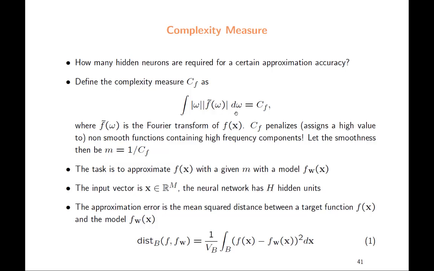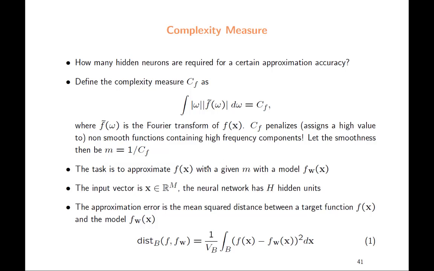Essentially, look at the high frequency components, integrate them, and you put even more emphasis on the high frequencies. So C_f tells you something about how smooth the function is. If C_f is high, it's a very unsmooth function. If it's low, it's a very smooth function. In our old notation, maybe we would say the smoothness is 1 over this complexity measure.